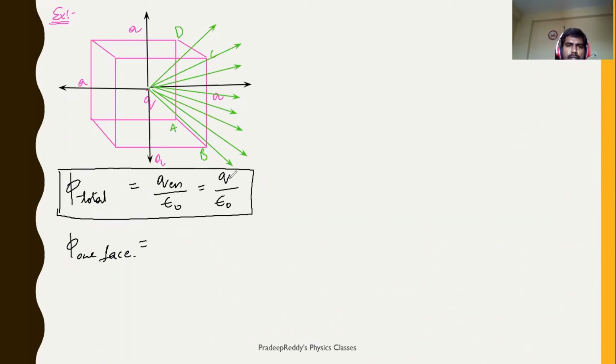It is Q by epsilon naught. Then flux passing through each face should be divided by 6, right? So it will be Q divided by 6 epsilon naught. That is from any face. It can be any face. This is total flux passing through each single face. It is Q by 6 epsilon naught. This is one simple example depending on Gauss law.